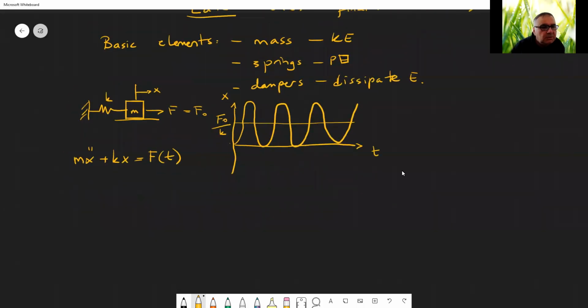So, in order to model mechanical systems, we use these kinds of simplified elements. And as you can guess, all mechanical systems cannot really be modeled by masses, springs, and dampers only.